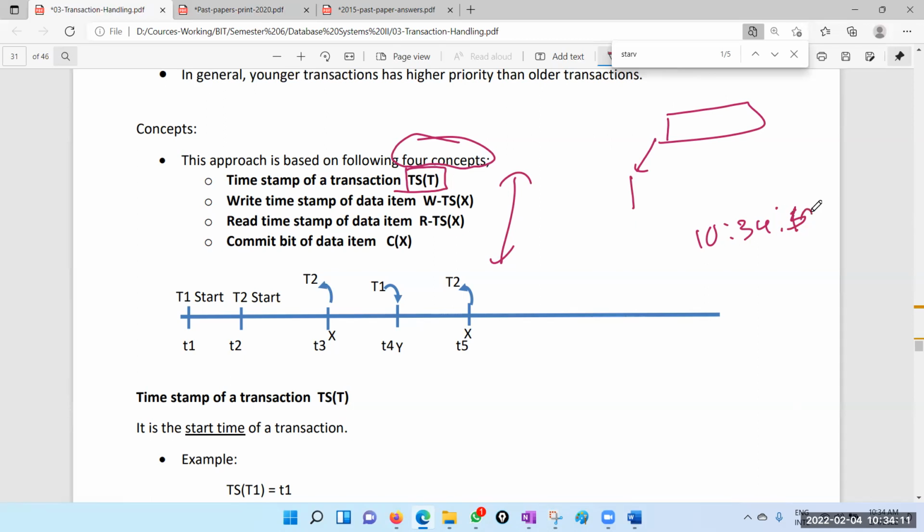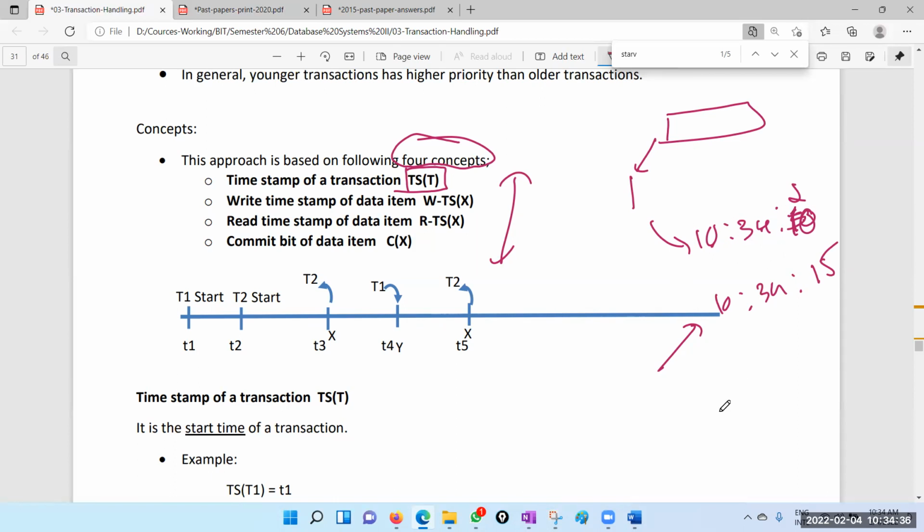Or maybe 10 milliseconds, hour, second, millisecond. Something like that. Maybe another transaction starts 10:34, say 15 milliseconds. So that means this transaction is younger than this transaction, and this transaction is older. So the smallest timestamp means older.